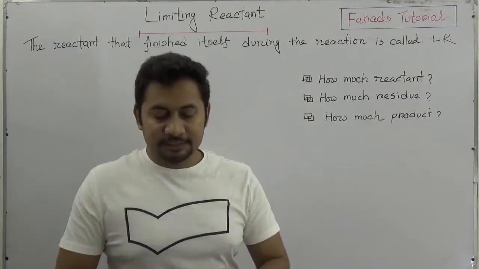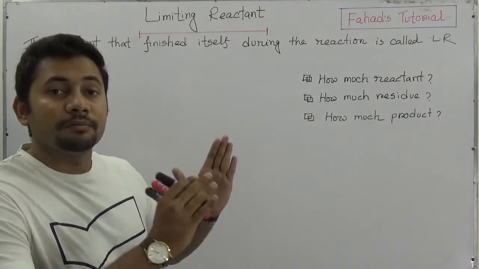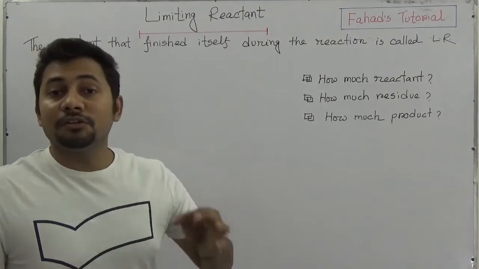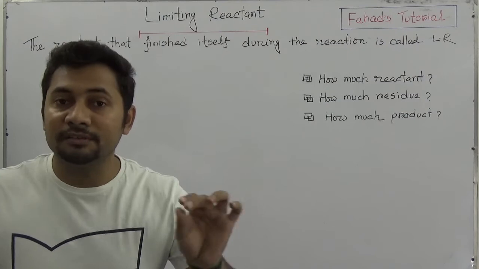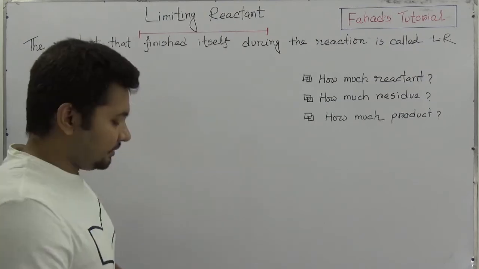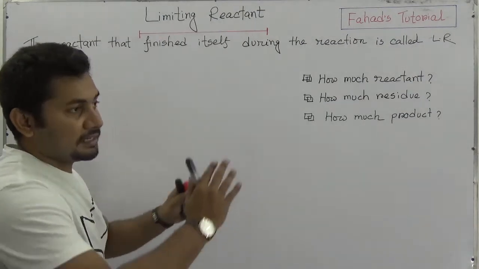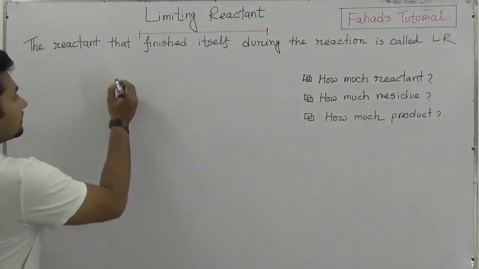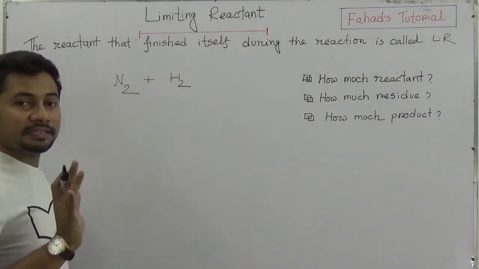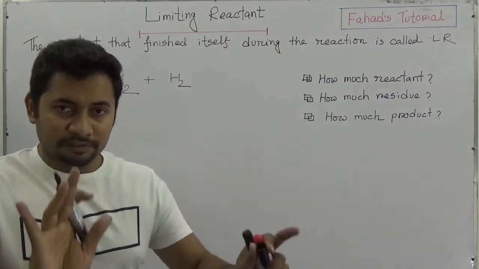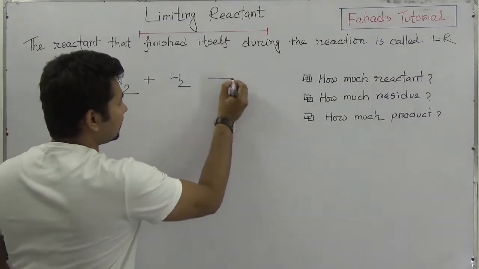The concept is when there is more than one reactant, it's not always possible to supply the required amount of reactant. Suppose nitrogen and hydrogen are reacting with each other, they will produce ammonia.